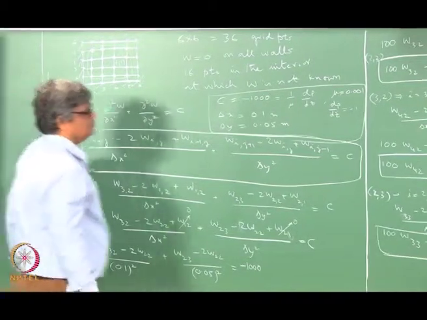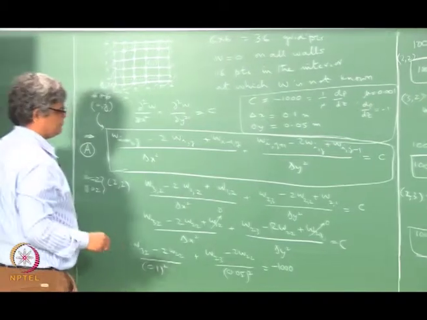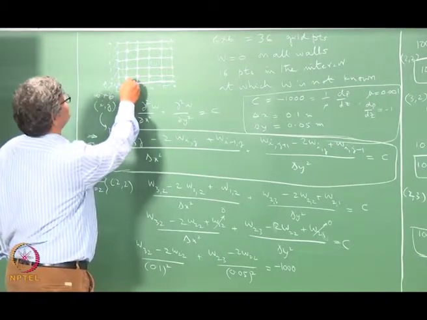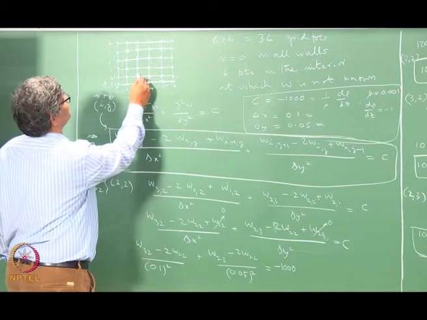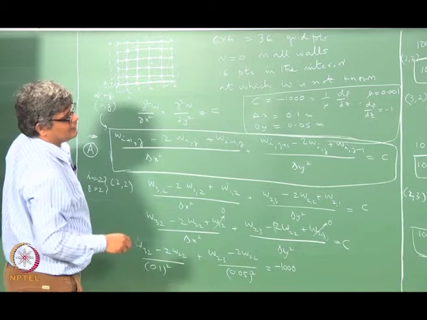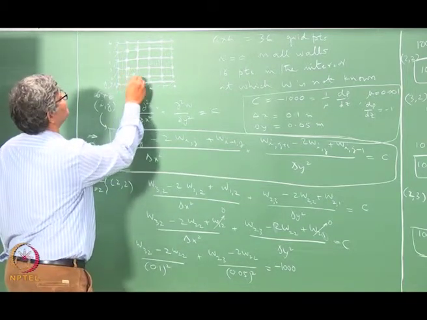So, when we look at point 2,2, that is this one here, we have the value here, and then 3,2 is this point, and 2,3 is this point here.